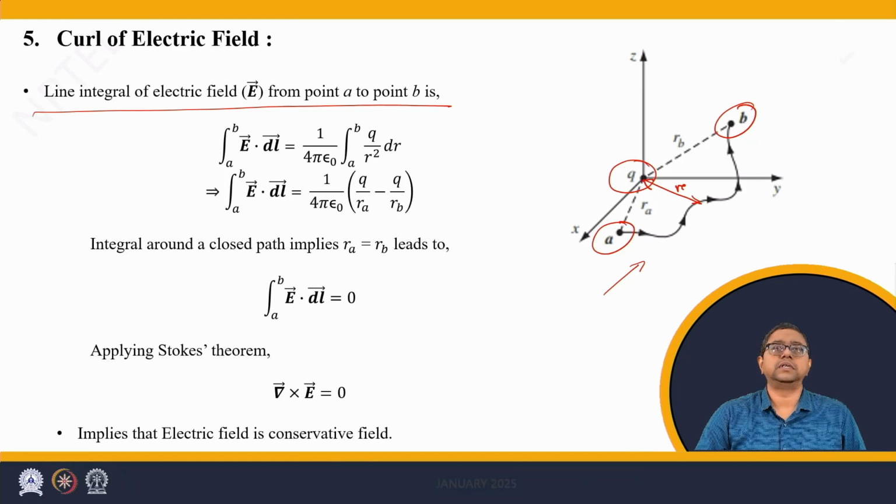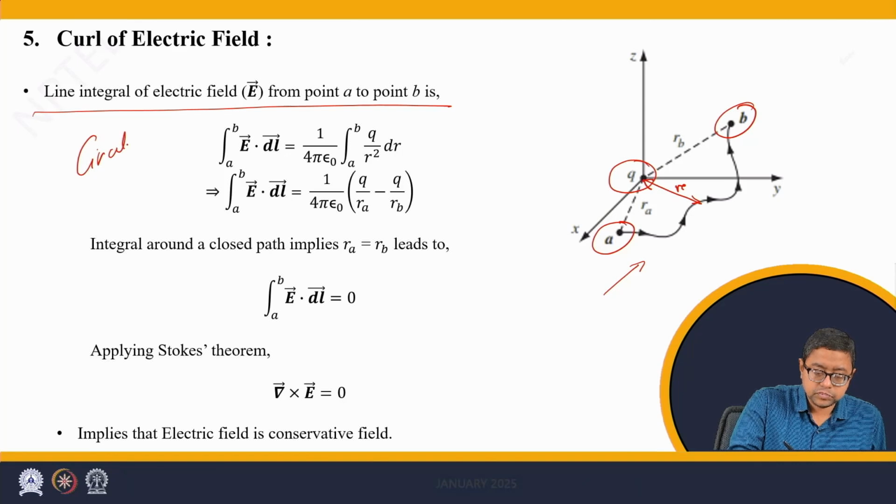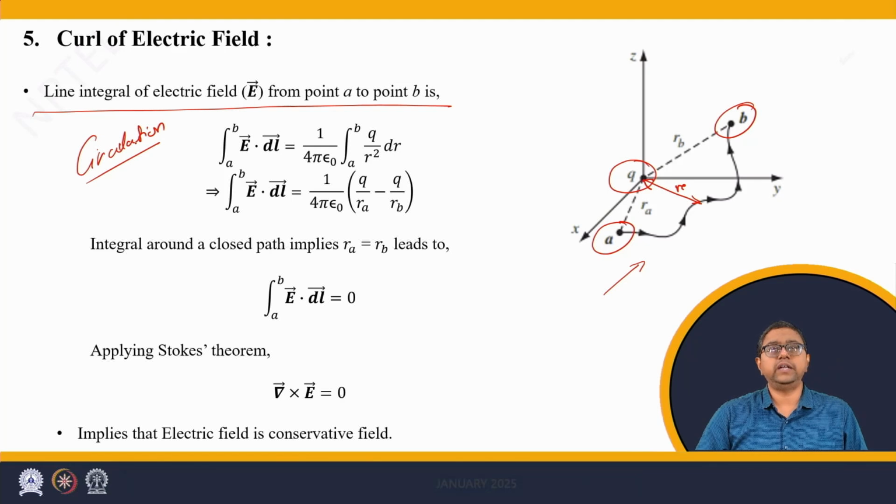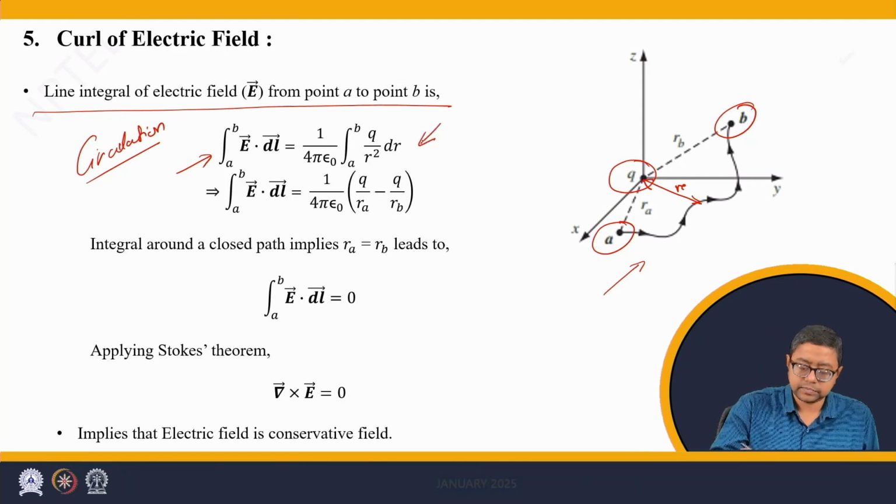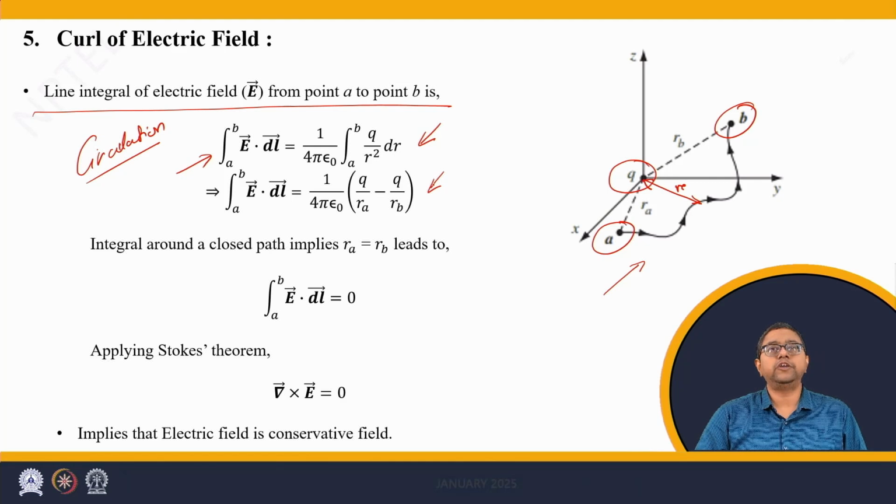loop. Thus, the circulation integral E dot dl along this loop is given by 1 by 4 pi epsilon integral Q by R square dr integrated from A to B. This is simplified to 1 by 4 pi epsilon times Q by Ra minus Q by Rb.